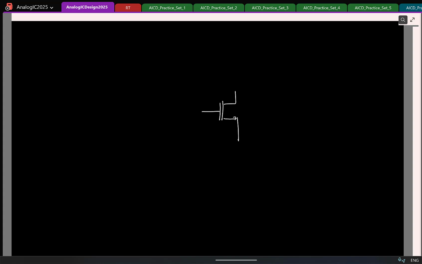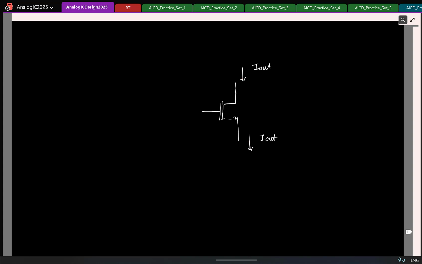Gate only, or can I apply somewhere else also? Across gate to source I can apply, and the current flows from here. So this is going to be my output current. That also is copied here. So this is my poor voltage controlled current source.